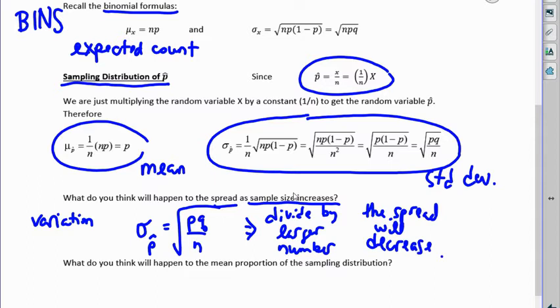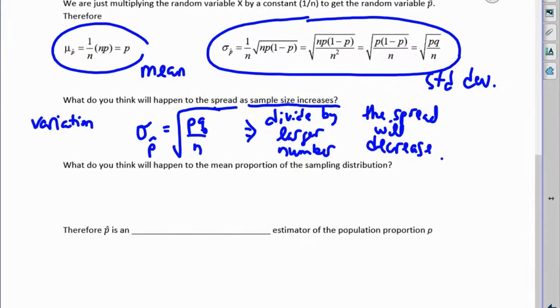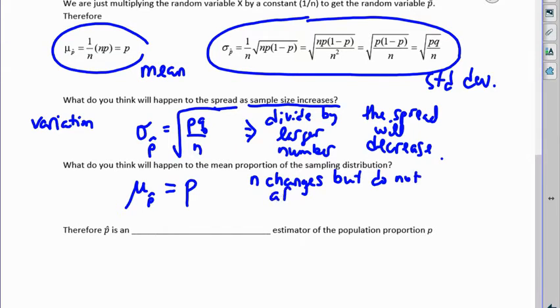And what do you think will happen to the mean proportion of the sampling distribution? Let's look. Mu sub p hat is estimated best by the population value. As we change n, what happens to the population value? N changes, but it does not affect p.